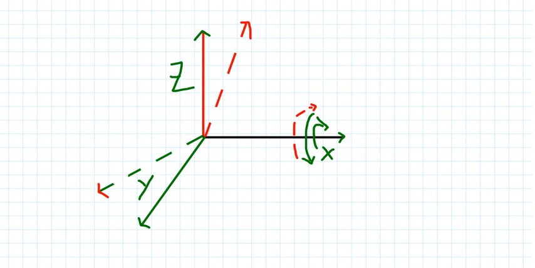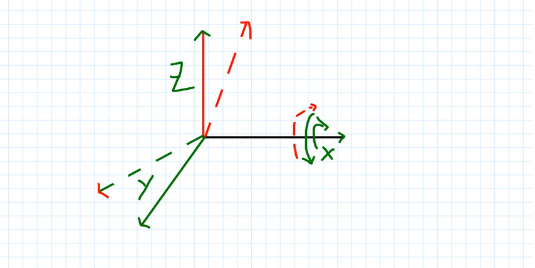And in that course, what will happen, more precisely, is that the x-axis will not change its place, but you can see that the y-axis and z-axis will get displaced.